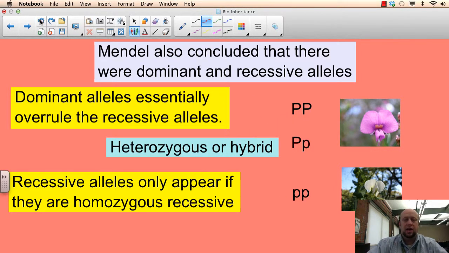It's heterozygous, or what we call hybrid, if there are two different letters. And in that case, the color is determined by which one is dominant. In our case here, capital P means that the purple is dominant, and so that's what we see. So a couple of good terms there you need to know: dominant and recessive, and then homozygous and heterozygous. Make sure that you got those terms.